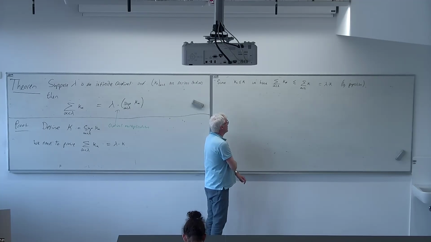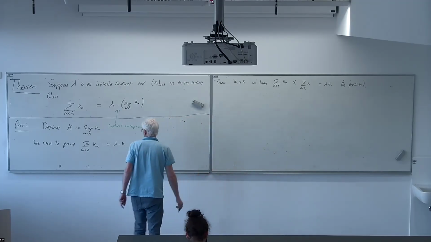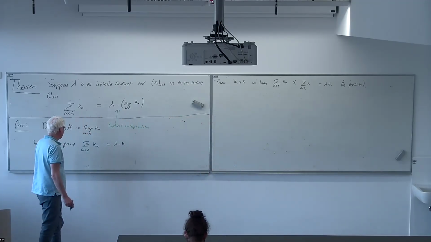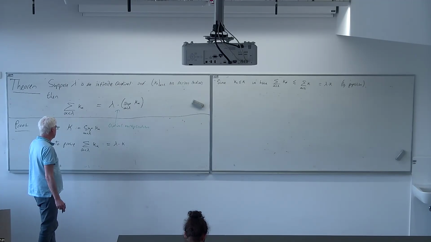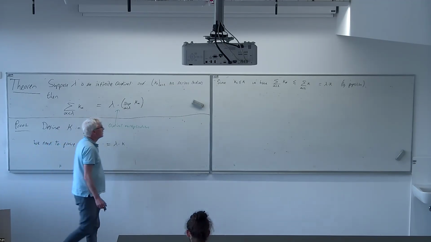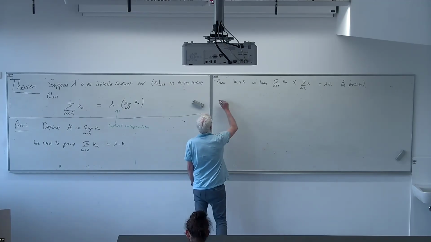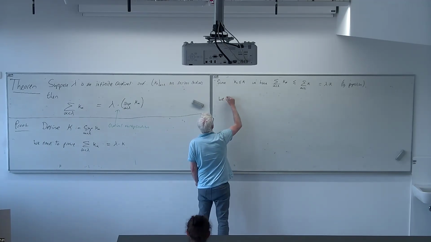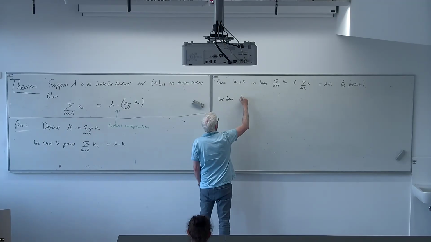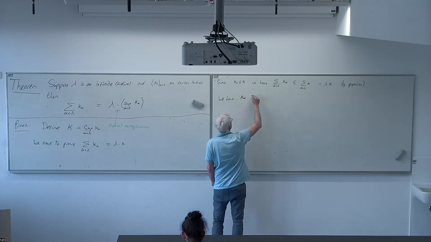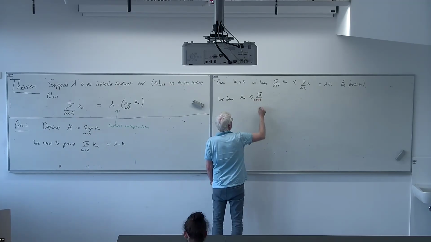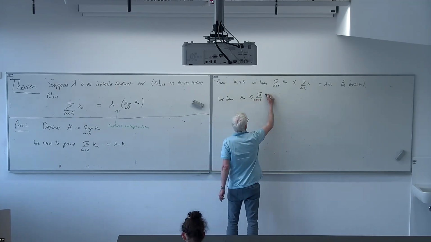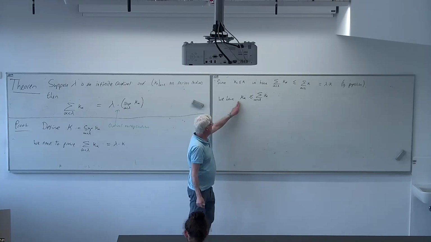In the other direction, we have obviously that kappa alpha is smaller than the sum over all alphas less than lambda of kappa alpha, because this is just one component.